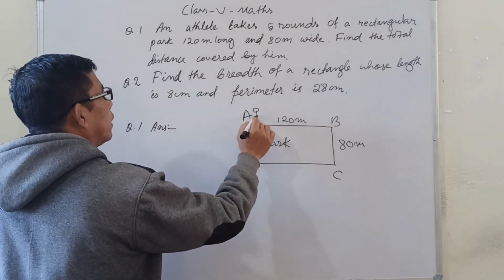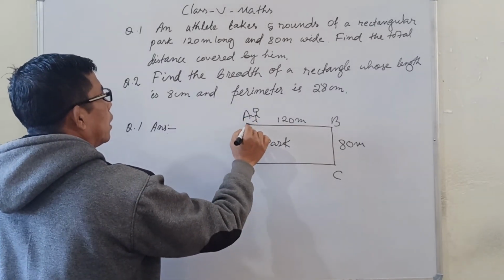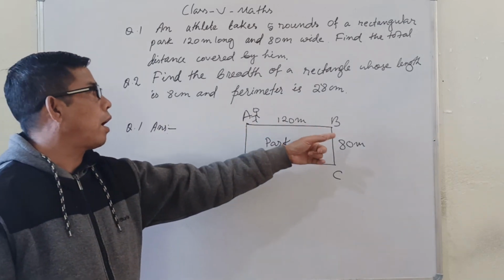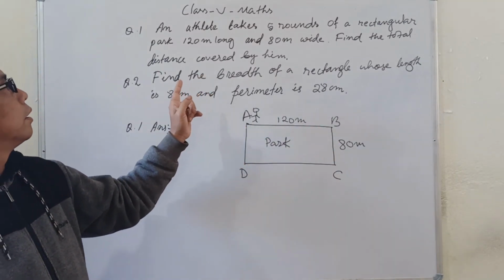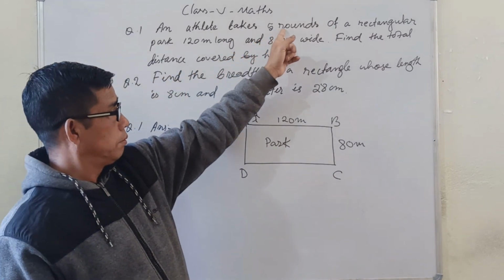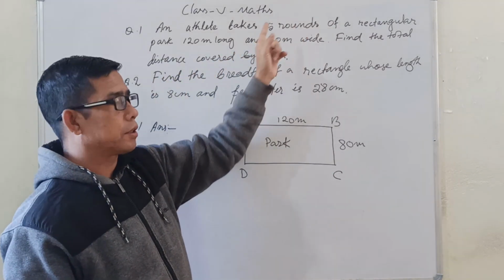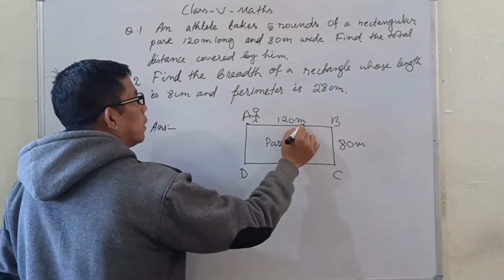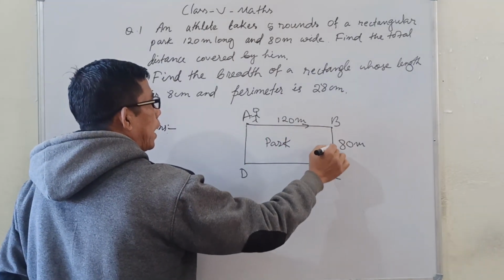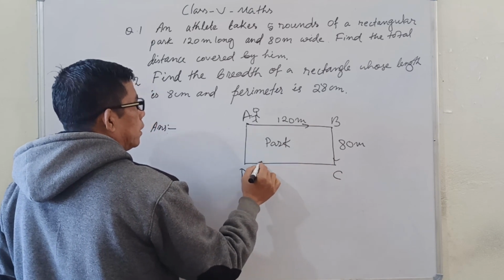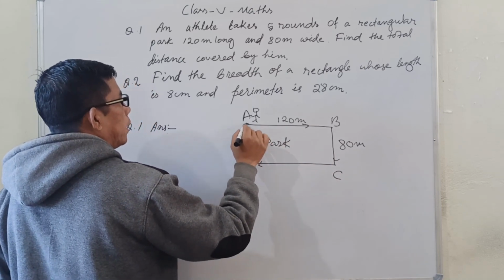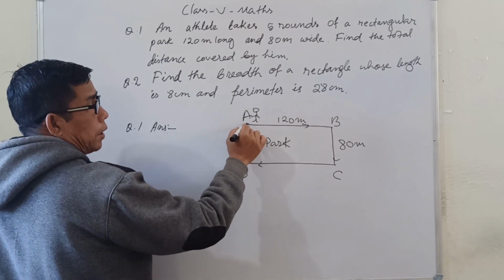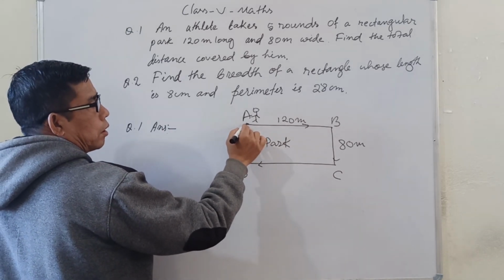An athlete here has to move around the path how many times? 5 rounds, means 5 times. So if he starts from A, then B, then C, then D, then A, this is called one distance covered in a complete round.